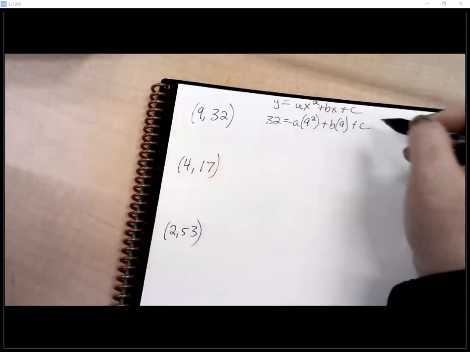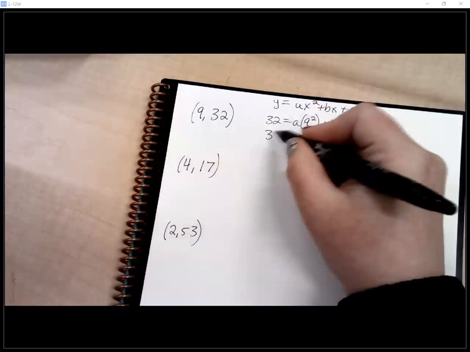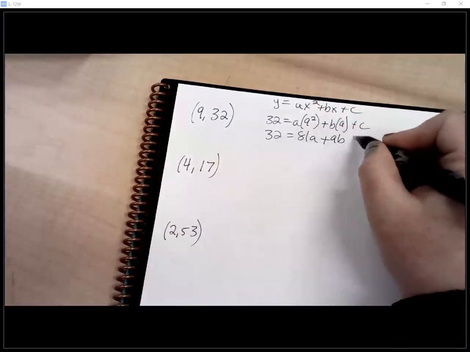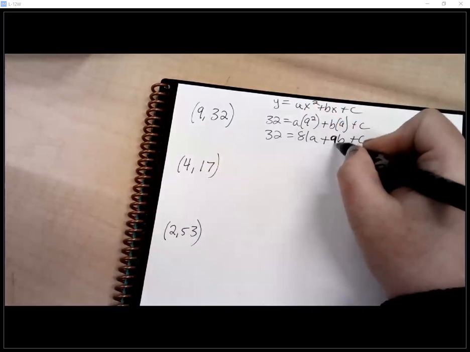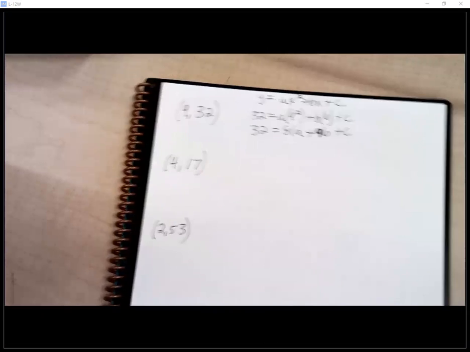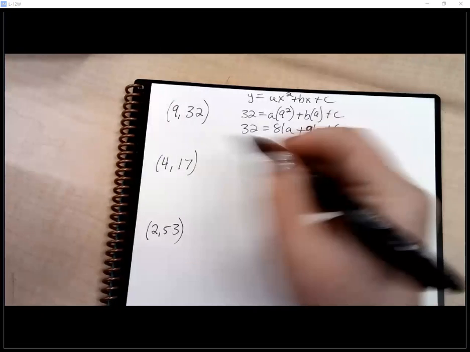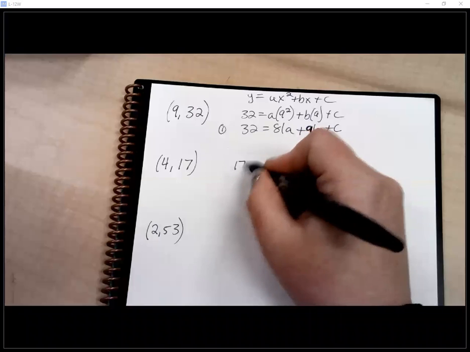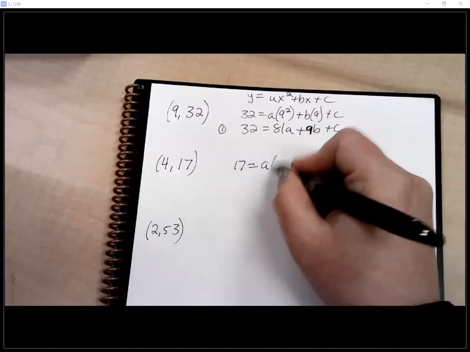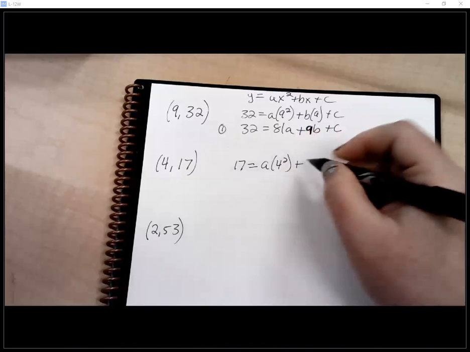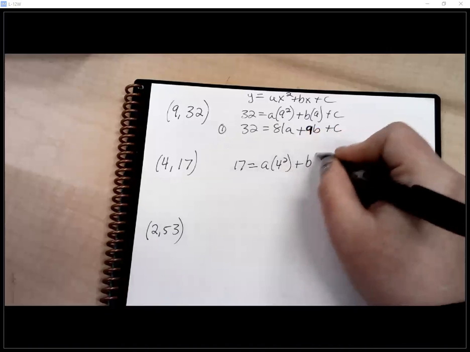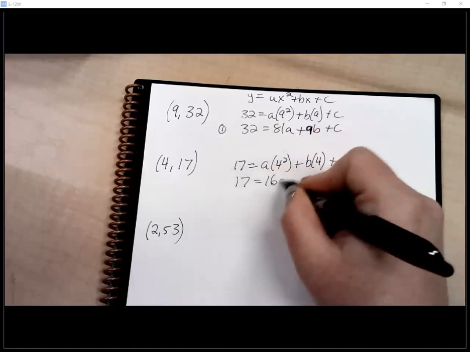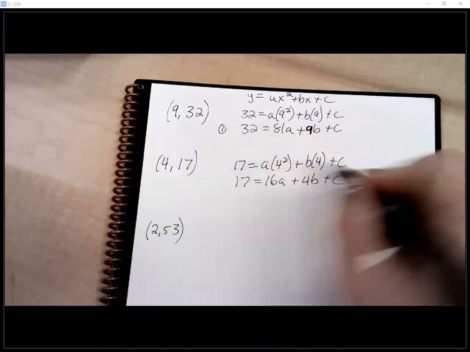Clean it up a little bit. All right, so I have my first equation. I do the same thing with the second and the third.